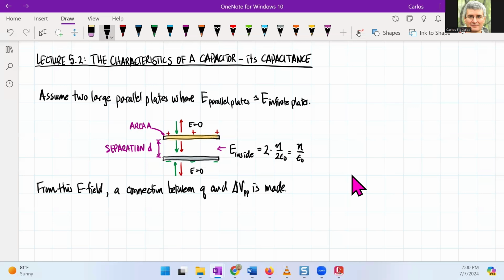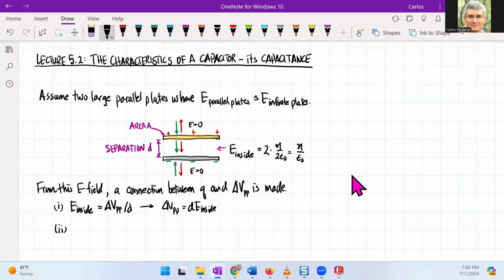And so here's what we see. If I'm looking at the field inside, we can also write this as the voltage of the parallel plates divided by d. But the capacitance equation depends on the voltage. So then I can rewrite the voltage as d times E inside.